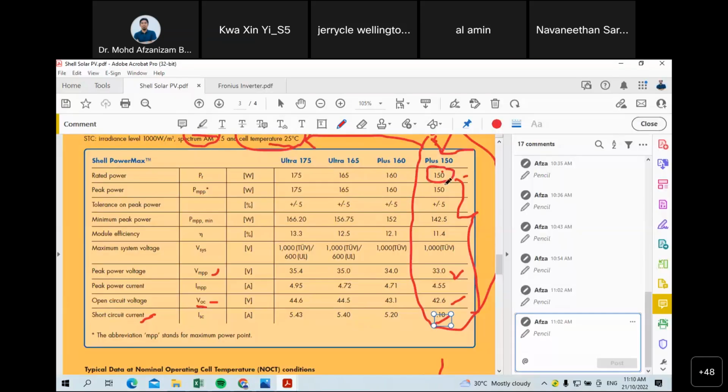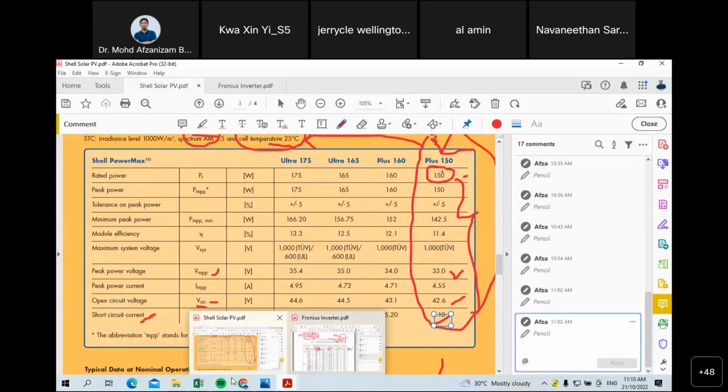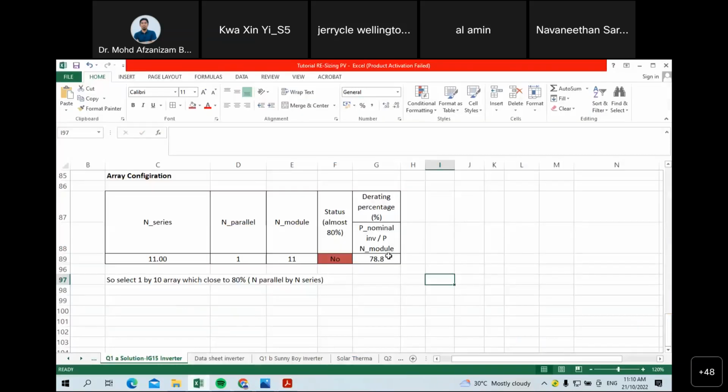So times 11, you get, if I'm not mistaken, 1650, and then 1300 divided by 1650, then you get more or less the same answer as sir. Can someone verify for sir? Yes, sir. Same.